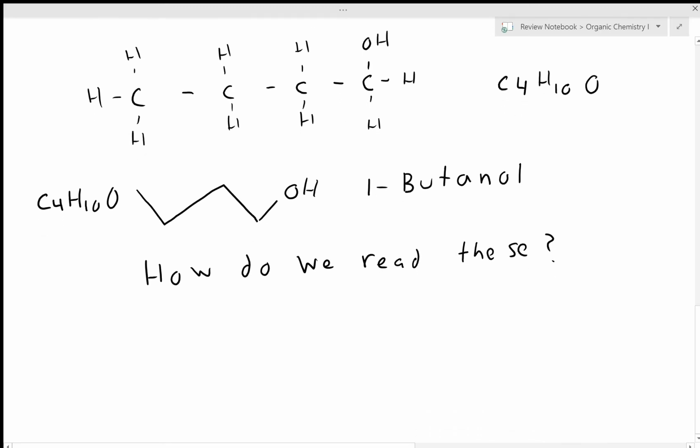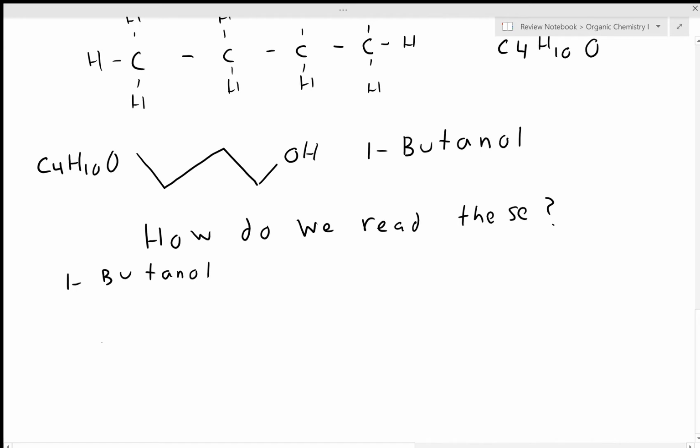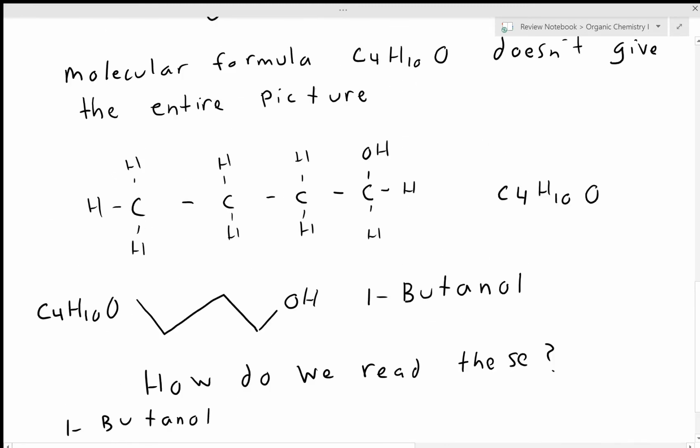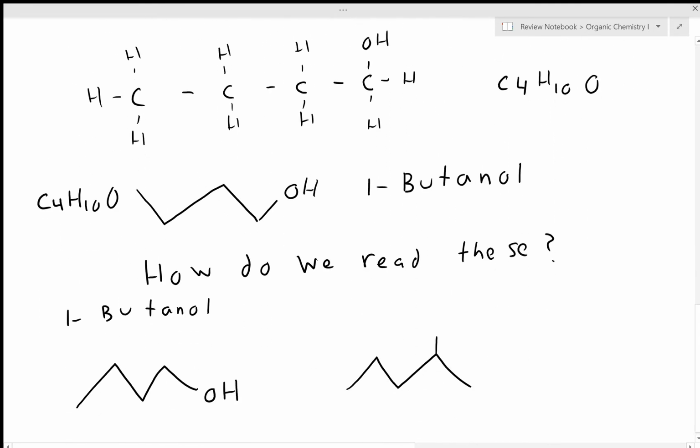So for example, we had our 1-butanol, and then we can do a 2-butanol too. 1, 2, 3, 4.